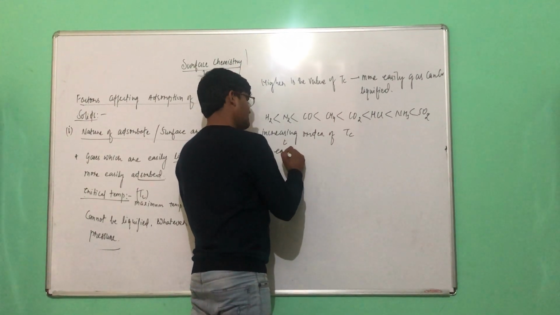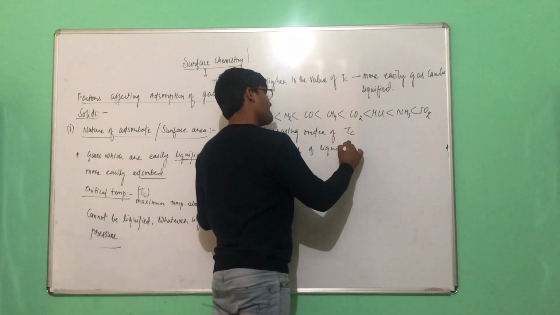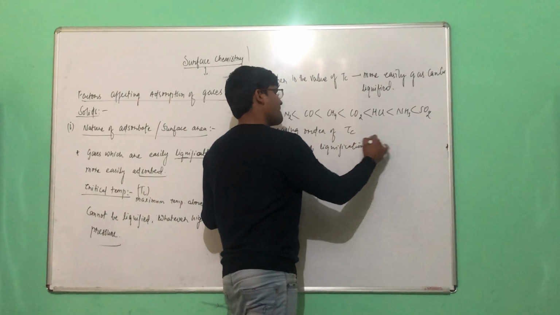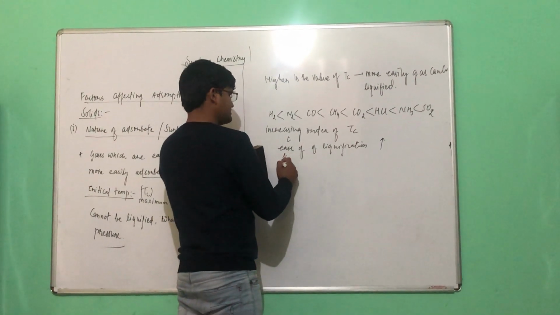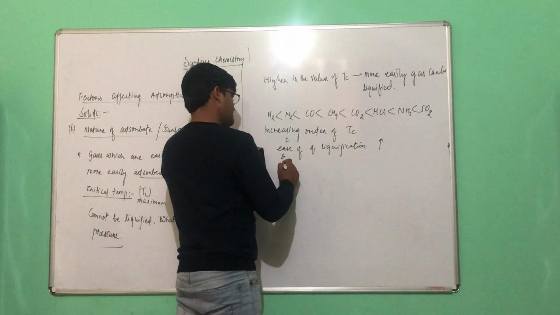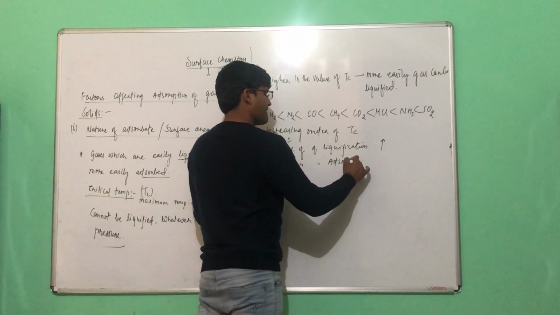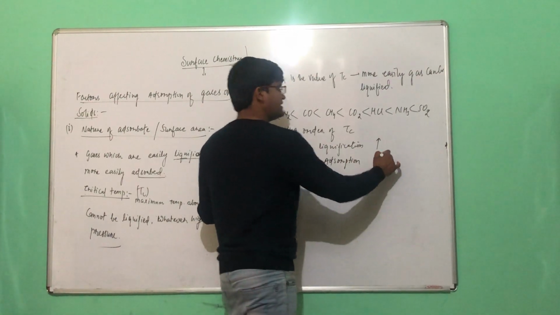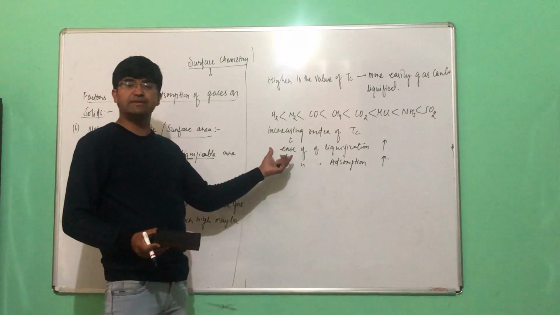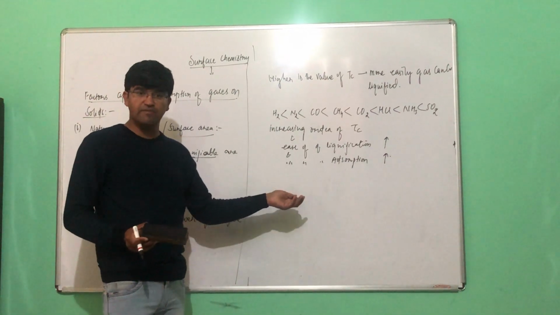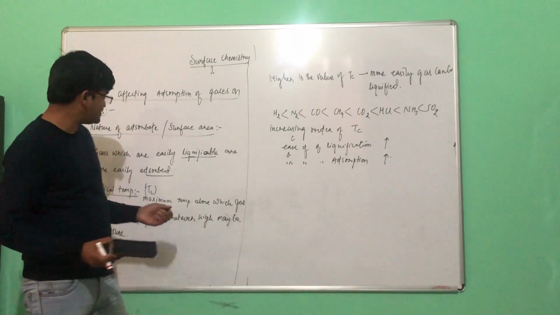Hence we can say that ease of liquefaction increases, and as the ease of liquefaction increases, ease of adsorption increases. So from this we can predict that the higher the value of critical temperature, the more easily the gas will be liquefied, and the more easily it will be adsorbed.